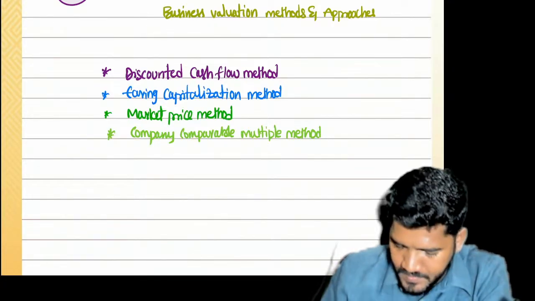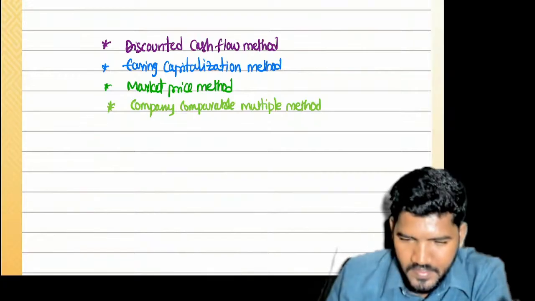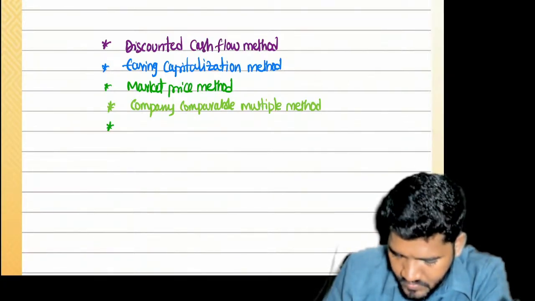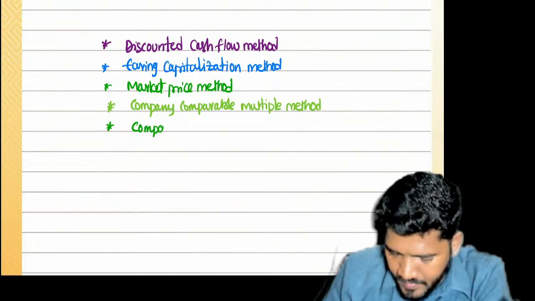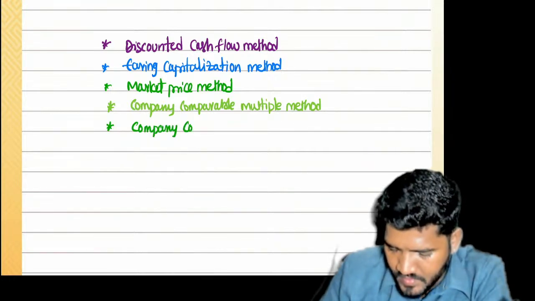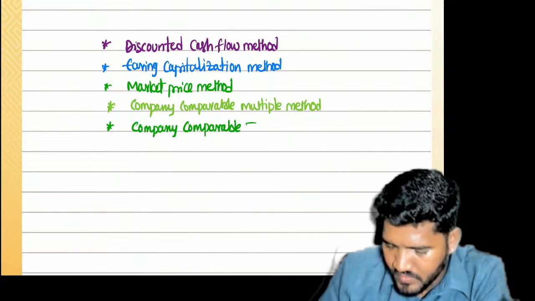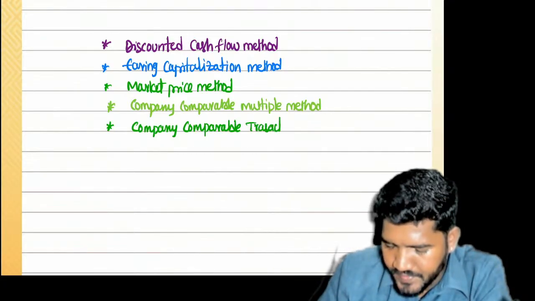After market price method, company comparable multiples method. Next, company comparable transaction method.